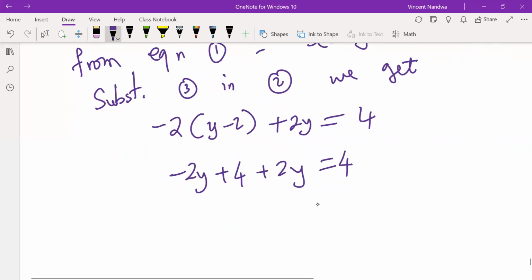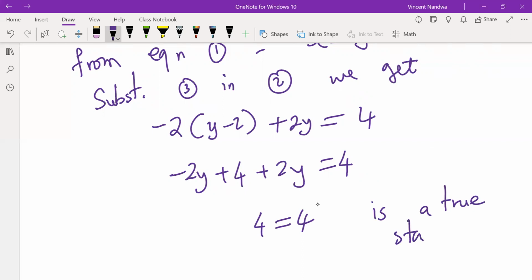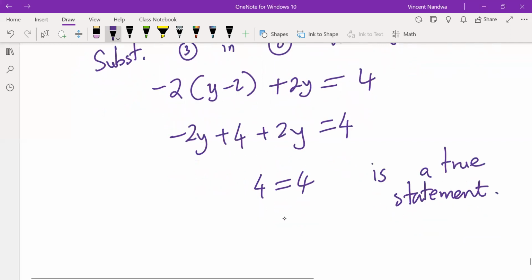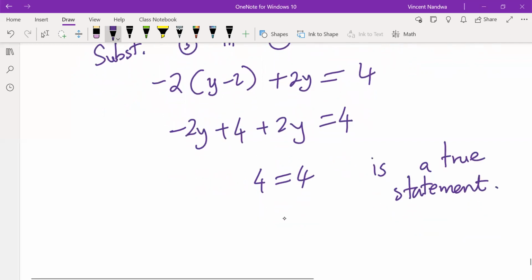Minus 2y plus 2y is 0, so 4 equals 4. And actually, it's a true statement. 4 equals 4 is a true statement, but the only problem is that we have already eliminated the variables in the equation.